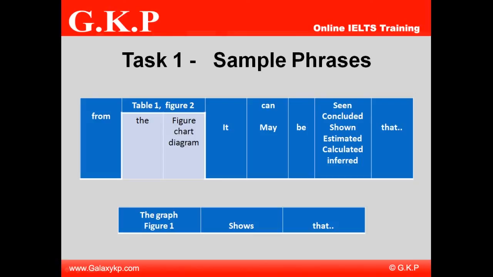Or it can be seen, or it can be shown, or it can be inferred that. These are typical statements which you will use when describing pie charts and what they represent. You can also just go directly by saying something like, figure 1 shows that, or the graph shows that.